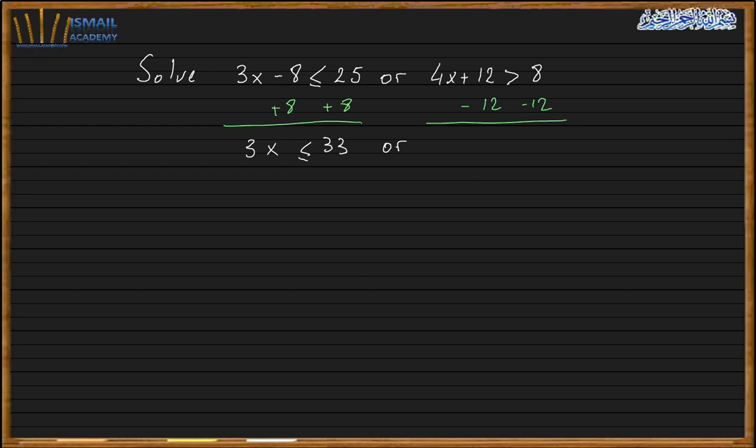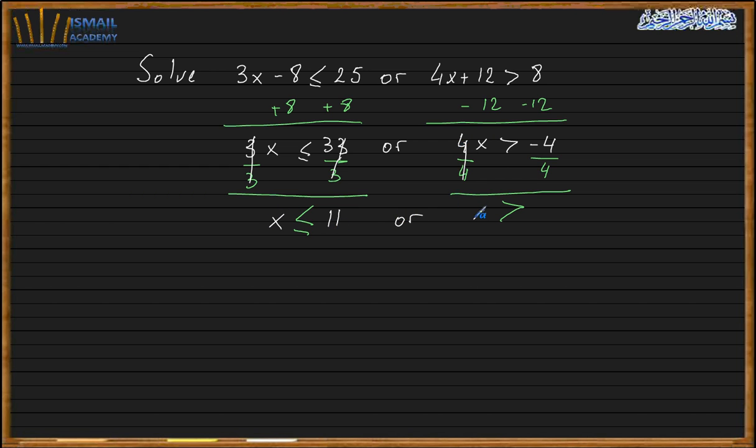So I get 4x is greater than minus 4. Now I divide here by 3, so the sign stays in the same direction. Here I divide by 4, so the sign stays in the same direction. So this is x is less than 11, or x is greater than minus 1.